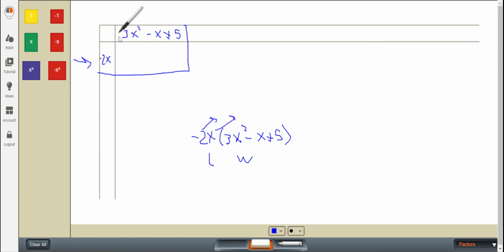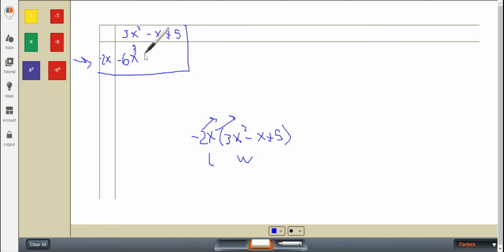The coefficient here is 3. And if we had tiles, we would arrive at 6 of these. So it would be negative 2 times 3, which is negative 6, because I'm multiplying a positive and a negative. And x multiplied by x squared, we established in our previous question, was x cubed.